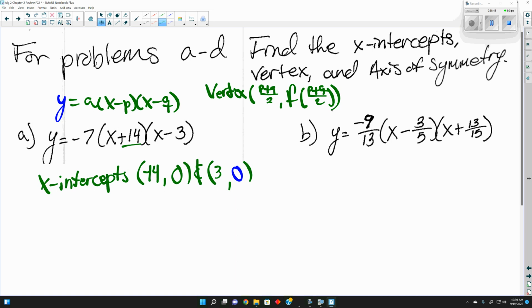So to find the x value of the vertex, we're going to add the p and q values together and divide by 2. So we would have negative 14 plus 3 over 2. And again, we can plug this into a calculator and let it do it for us. Then it'll tell us that it's negative 11 halves.